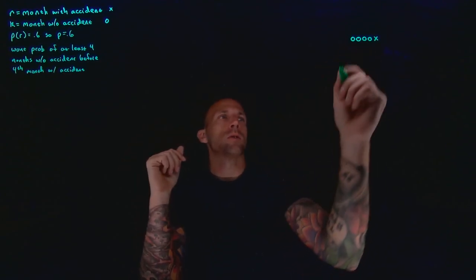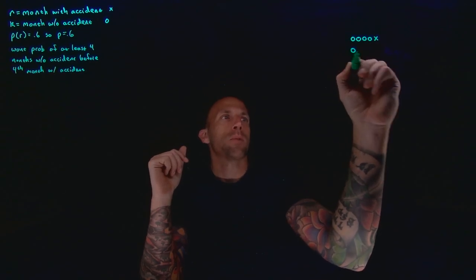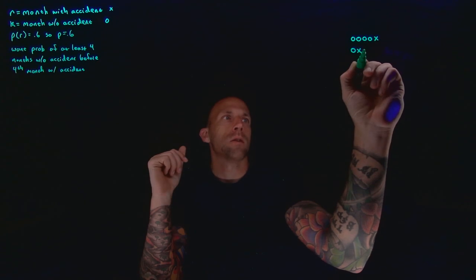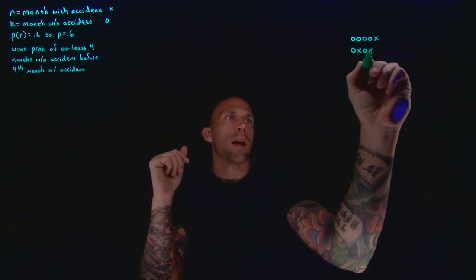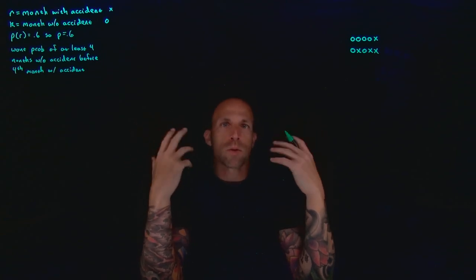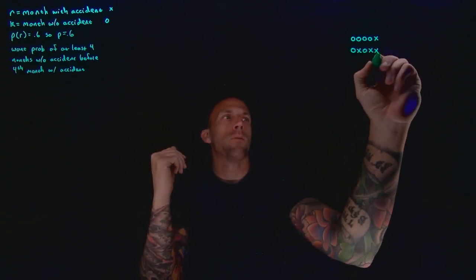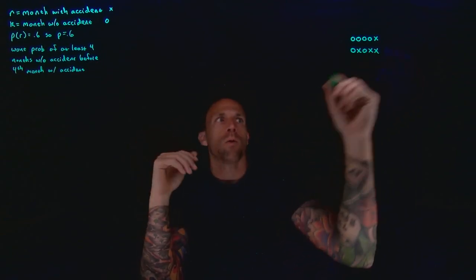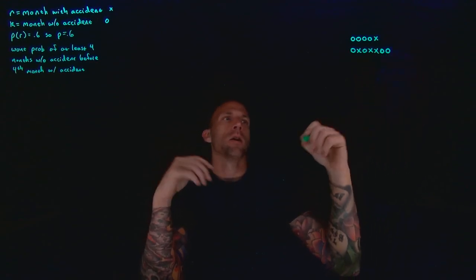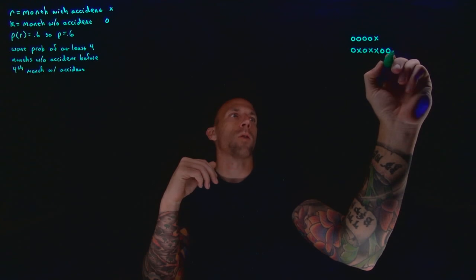We've gotten to our at least 4. It could be something like this. We could have no accident, then no accident, then an accident, and then maybe another accident. And so you ask yourself, well, what's got to happen next? Can I have my fourth accident? No, we have to have at least 4 months without an accident before we can get to the fourth accident.